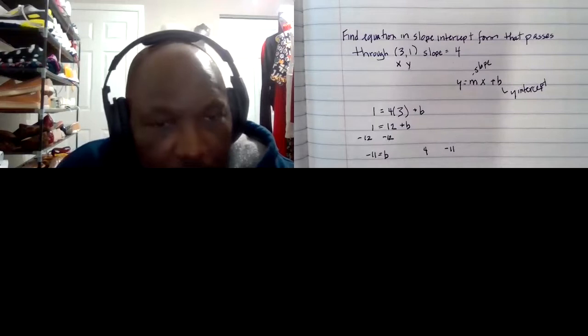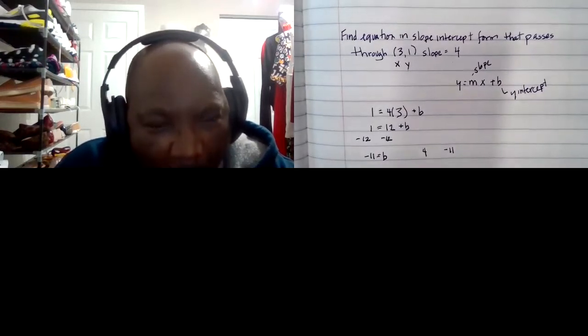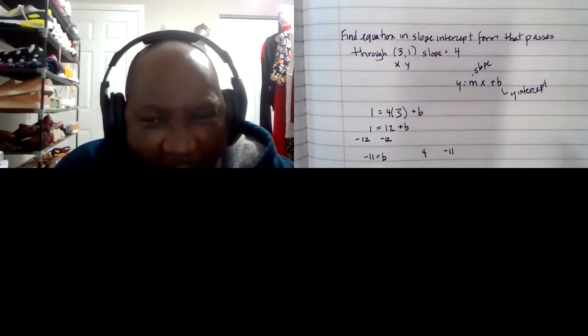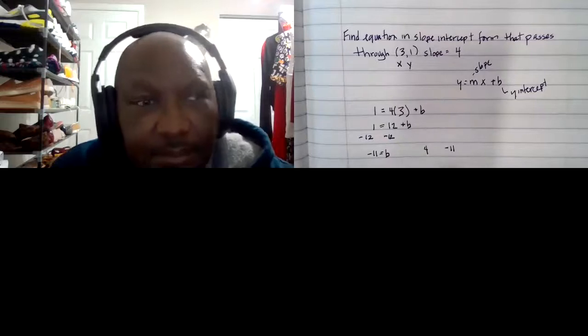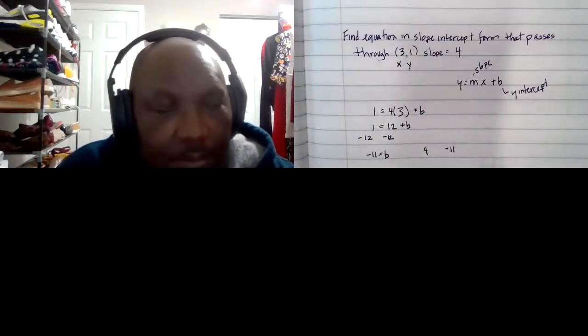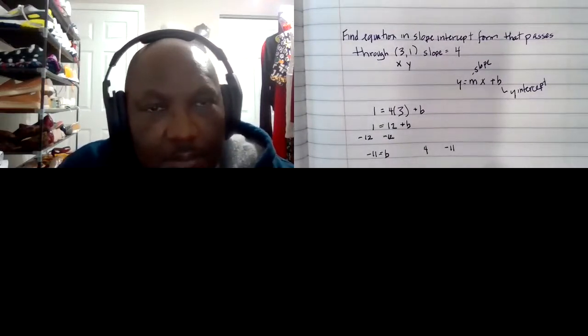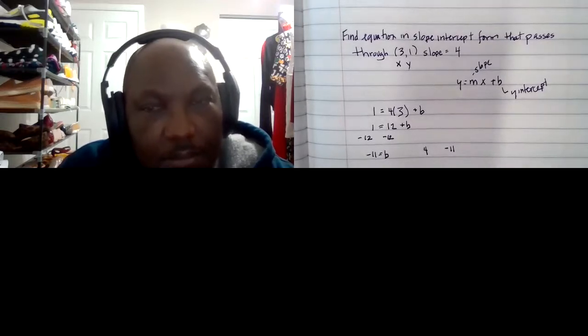Pretty interesting, huh? These are not too bad. They're just different ways of finding the exact same thing. We started with 2 sets of coordinates and found the slope by using the coordinate form, y2 minus y1 over x2 minus x1.